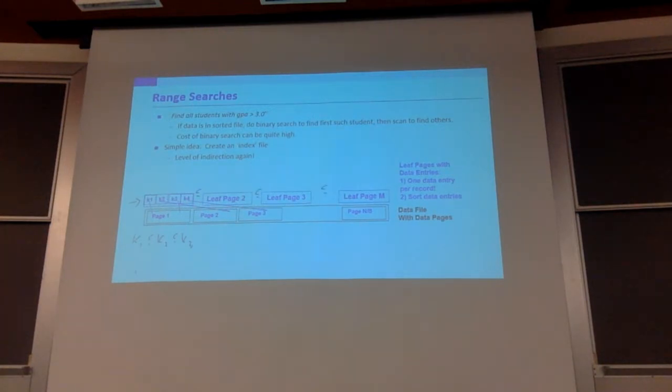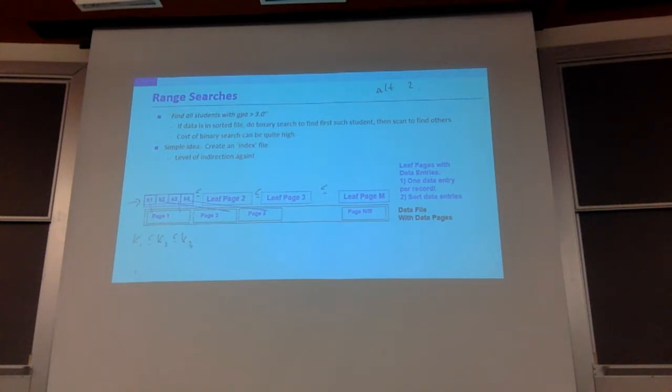So basically, this level is sorted, and you have one data entry for each record. So this is actually alternative 2. In each of these data entries, you have the key of that particular record and a RID, a pointer to the actual record.